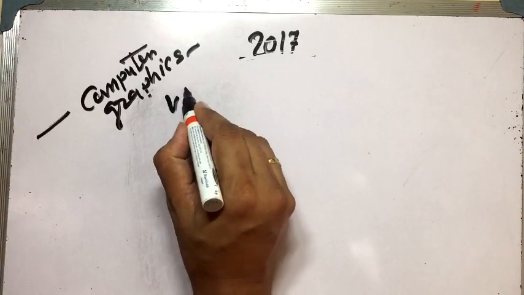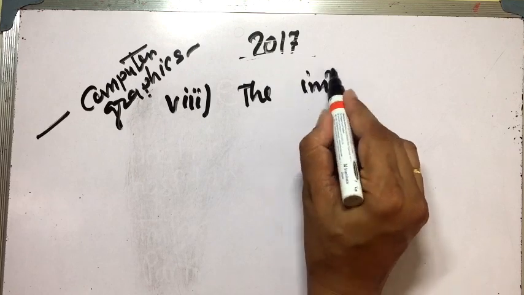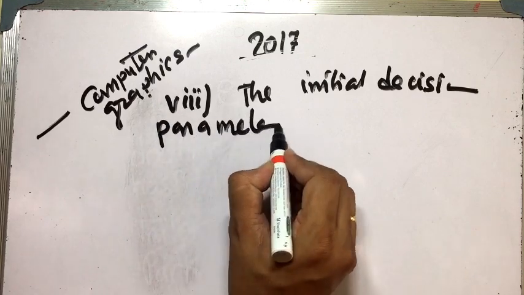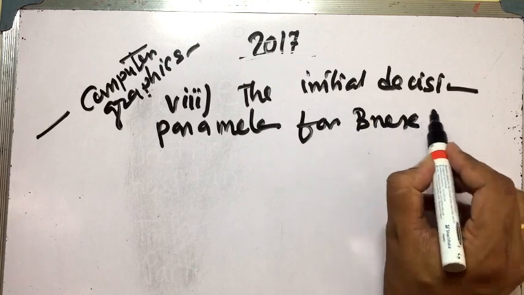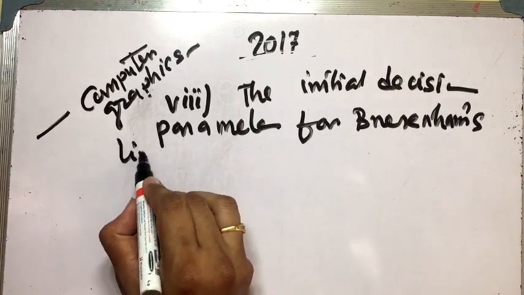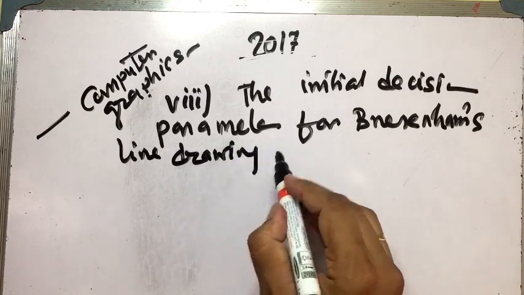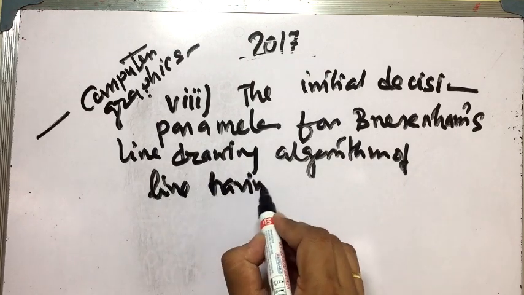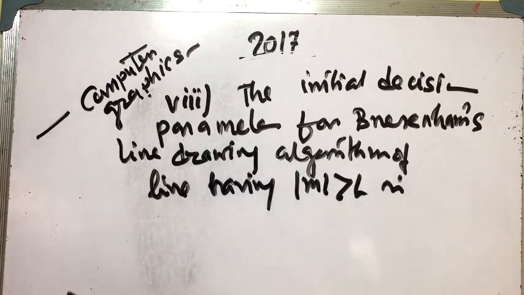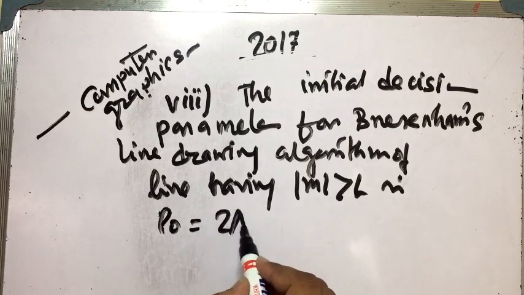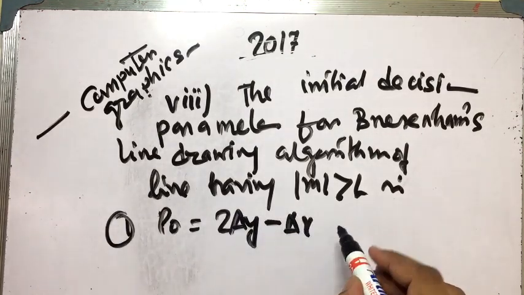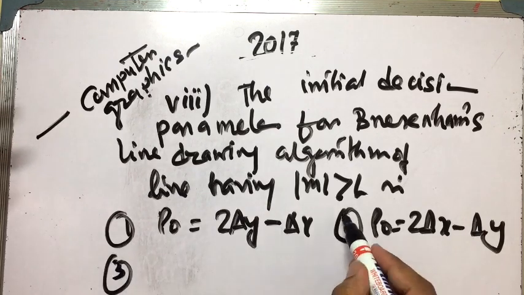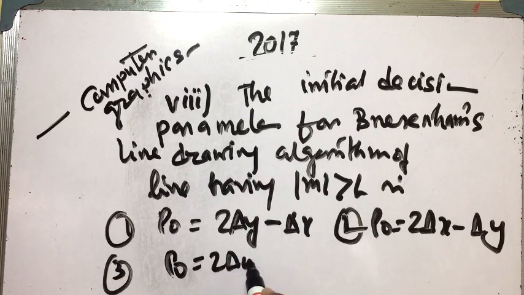Now question number 8. The initial decision parameter for the Bresenham line drawing algorithm of a line having m greater than 1 is: option A P0 equal to 2 del y, option B P0 equal to 2 del y minus del x, option C P0 equal to 2 del x minus 2 del y, option D P0 equal to 2 del y minus 2 del x.